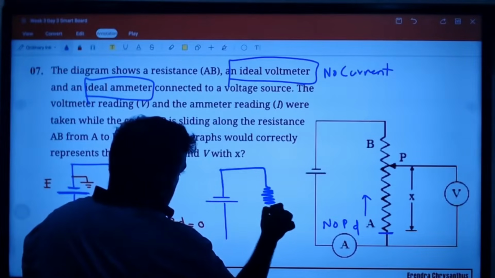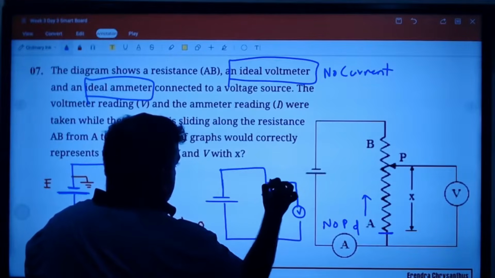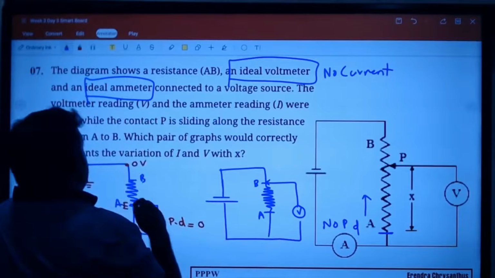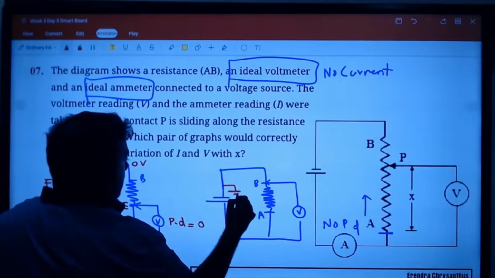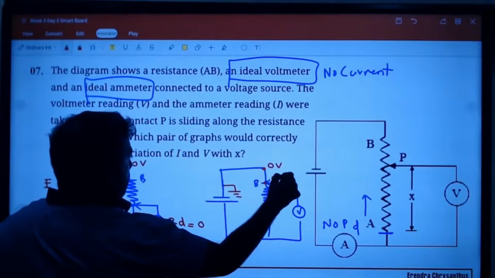Now the voltmeter is here at B. Just as we did earlier, it's easier because if you ground the negative terminal, here voltage 0 means here voltage also 0.